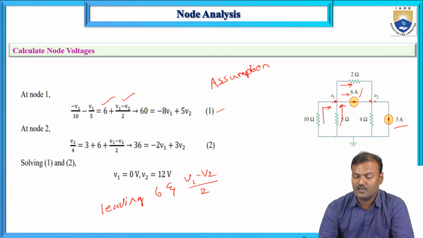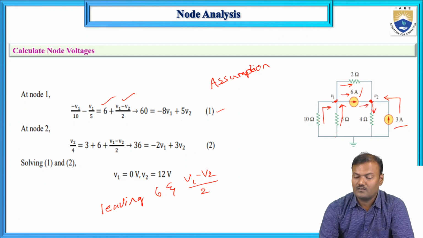And similarly, at node 2, it is V2 divided by 4. That is, direction of current here is assumed to be flowing from V2 to ground potential. So V2 by 4 is equal to the current entering, which is 3 amperes. Similarly, 6 amperes is also entering.